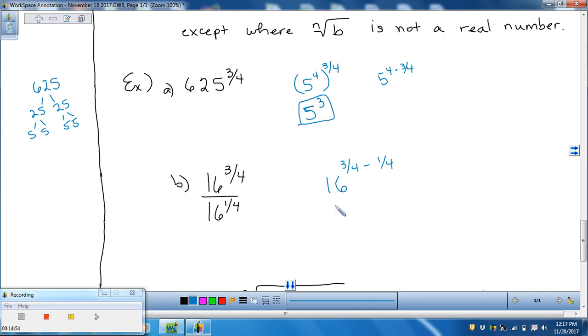Now we're going to subtract our exponents. 3/4 take away a 4th is 1/2, so 16 to the 1/2 power. And 16 to the 1/2 is the square root of 16, which is equal to 4. Go ahead and pause and finish copying these two examples, and we will move on with some more examples.